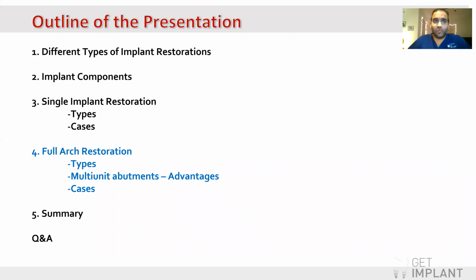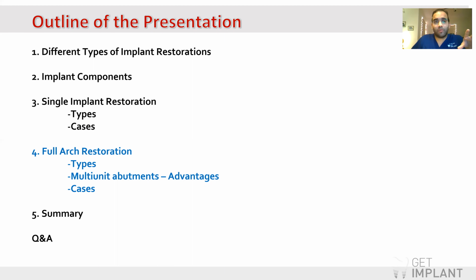So what we'll be discussing today is implant prosthodontics in general. What are the different types of implant prostheses that we can make? A little bit about components, but we'll dive in detail into just two specific implant prostheses: a single implant crown and full arch restoration.